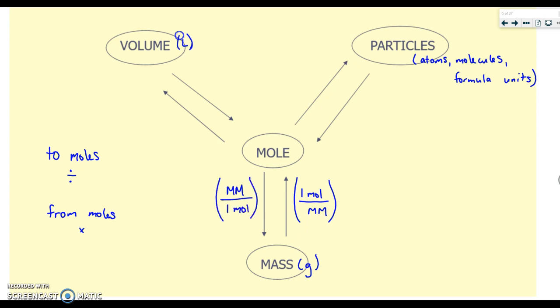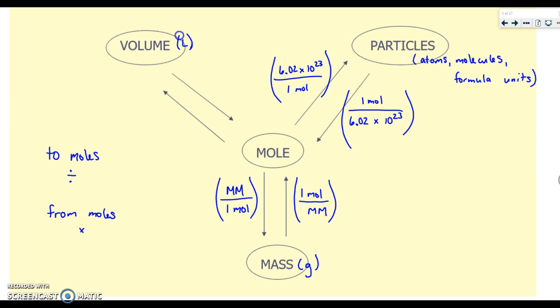For particles, if I'm going to moles, I'm going to be dividing. So it's 1 mole divided by our 6.02 times 10 to the 23rd number that we talked about. If I'm going away from moles, it's the other way around, so my 6.02 times 10 to the 23rd is on top over 1 mole. For volume, this is at STP. We'll spend more time on this in another unit.